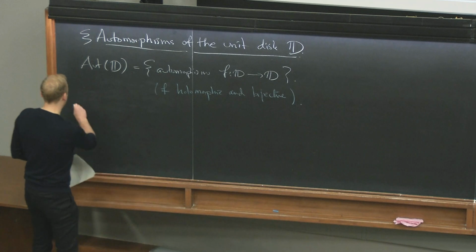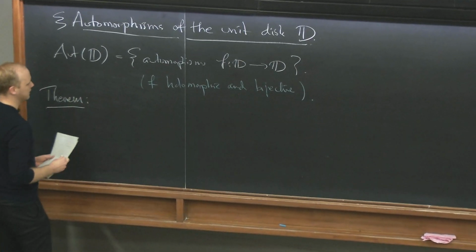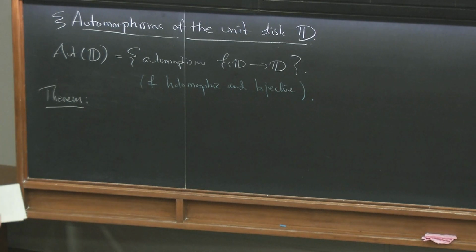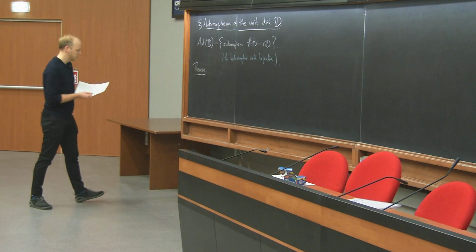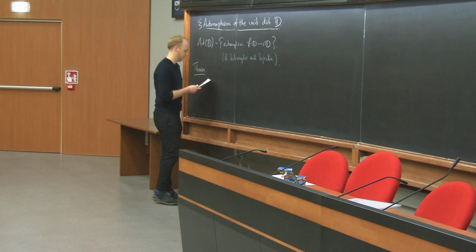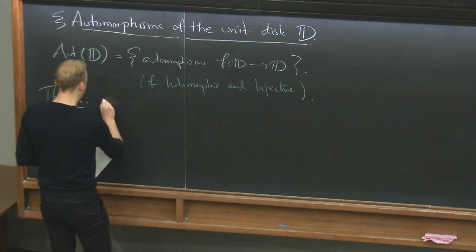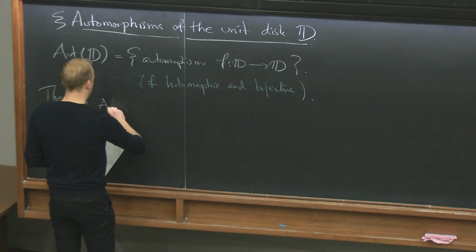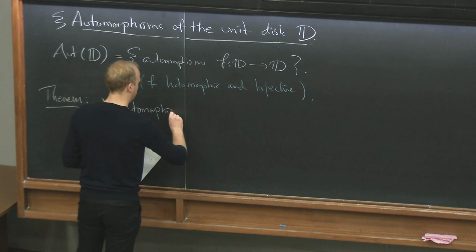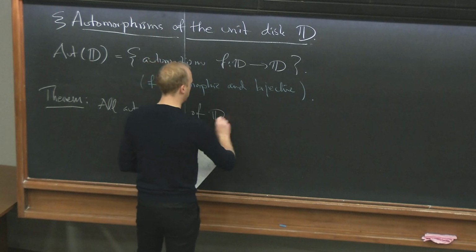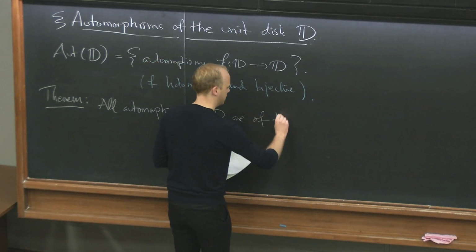Okay, and then we had the following. We want to prove the following theorem. We showed last time that any map of a certain form was an automorphism. Today we are going to prove the converse to this result, which is the following: all automorphisms of the open unit disk are of the following form.